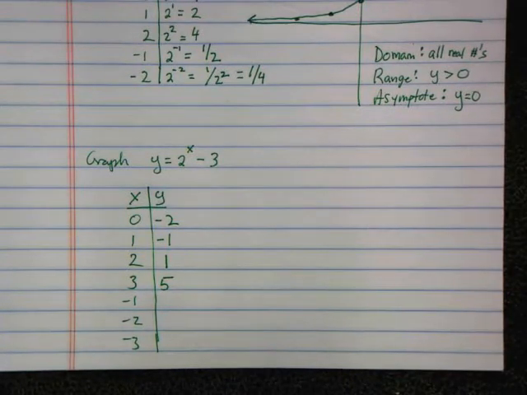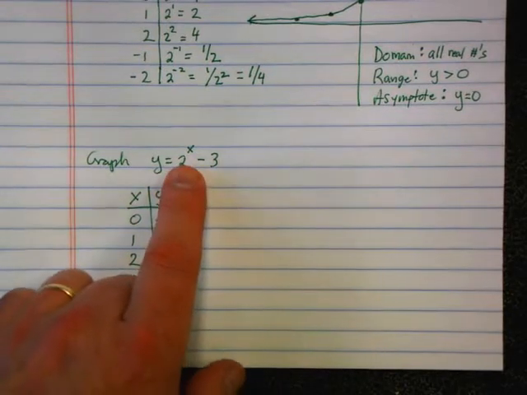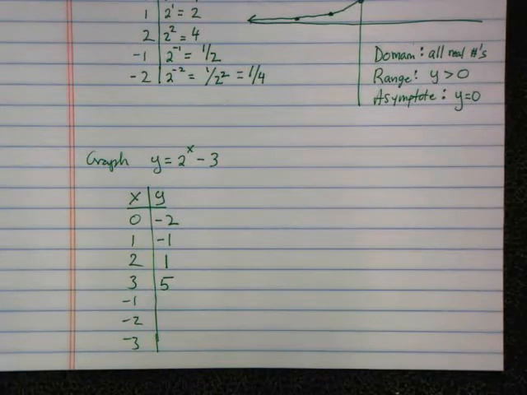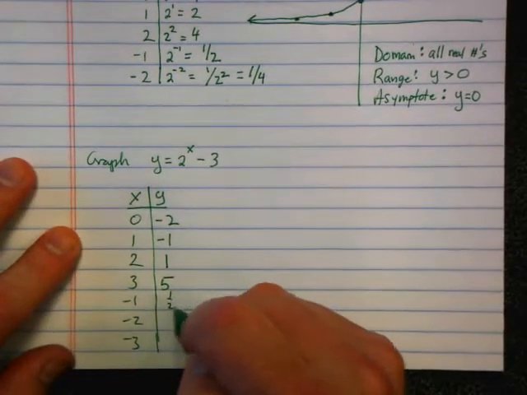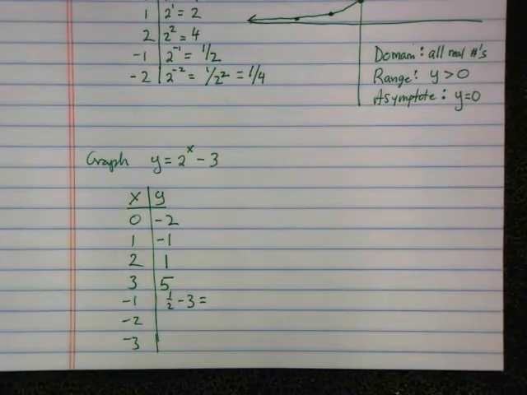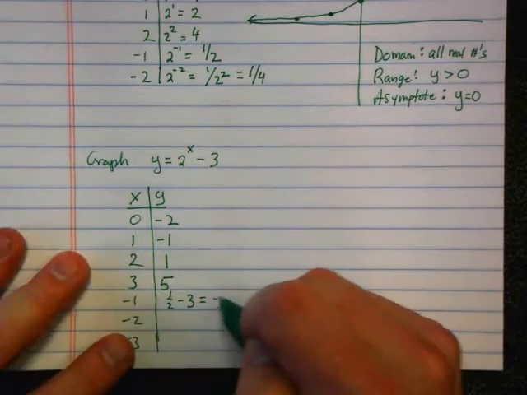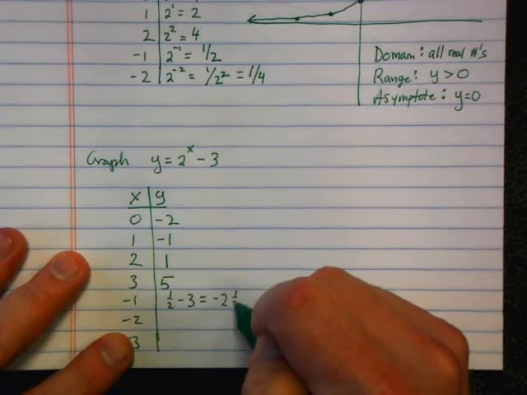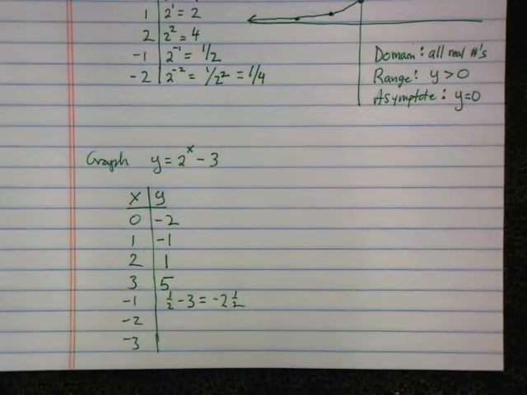Okay, now let's try plugging in some negative numbers. What's 2 to the negative 1? 1/2. So this is going to be 1/2 minus 3. What's 1/2 minus 3? Negative 2.5. Okay, that'll work.